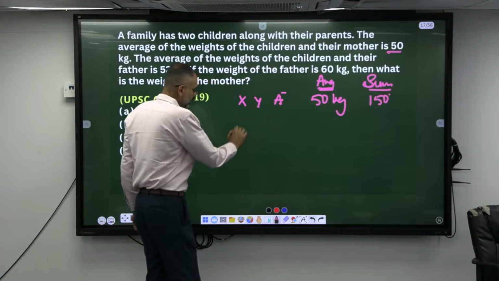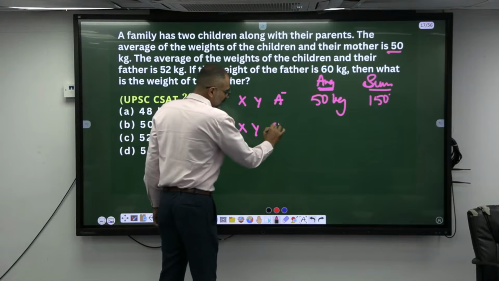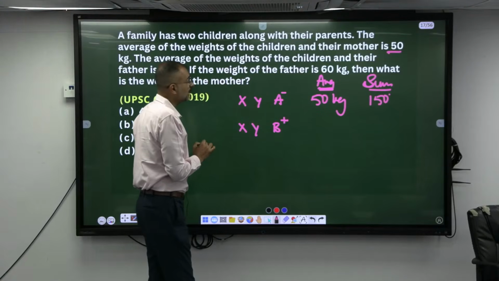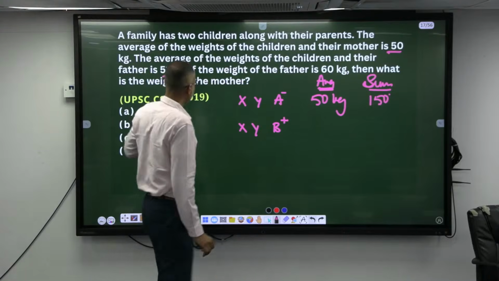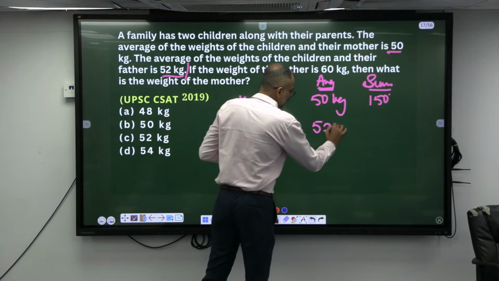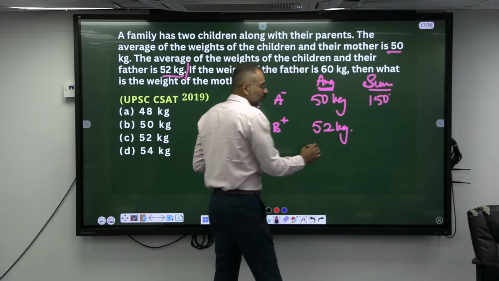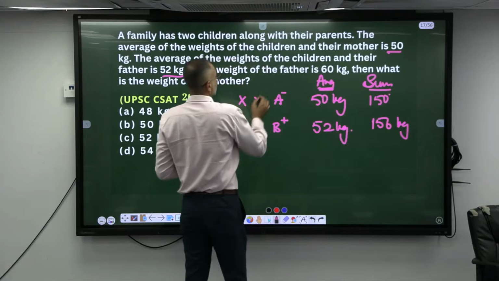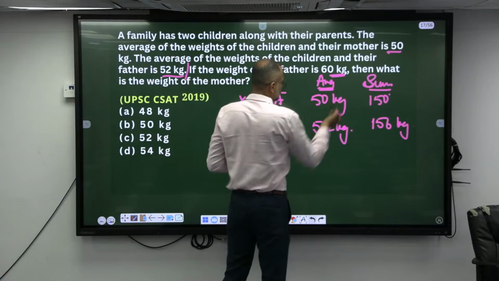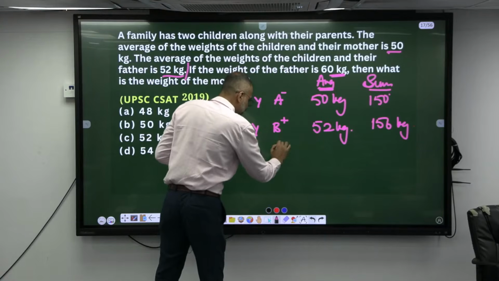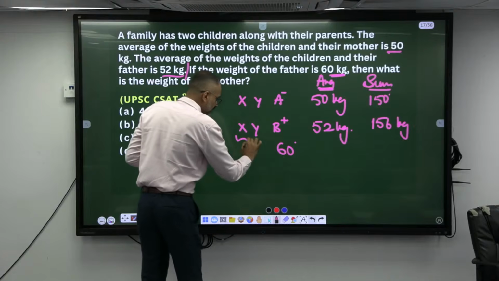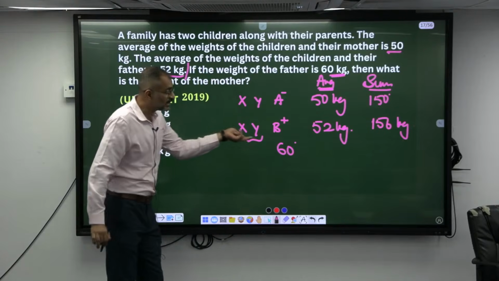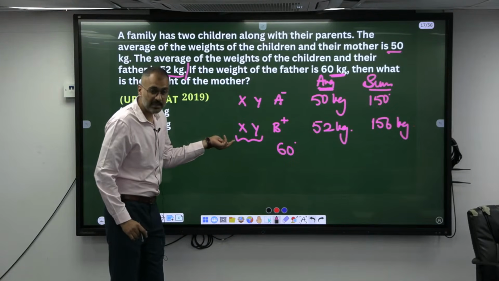Okay, similarly, children and father, let's consider B, father. What is their average? 52 kg, okay? 52 kg means what is the sum here? 156 kgs. Out of this 156 kg, the weight of father is how much? 60 kg. Out of this 156, if father is 60 kg, what is the sum of the weight of children here? Yeah, remaining, isn't it or not?